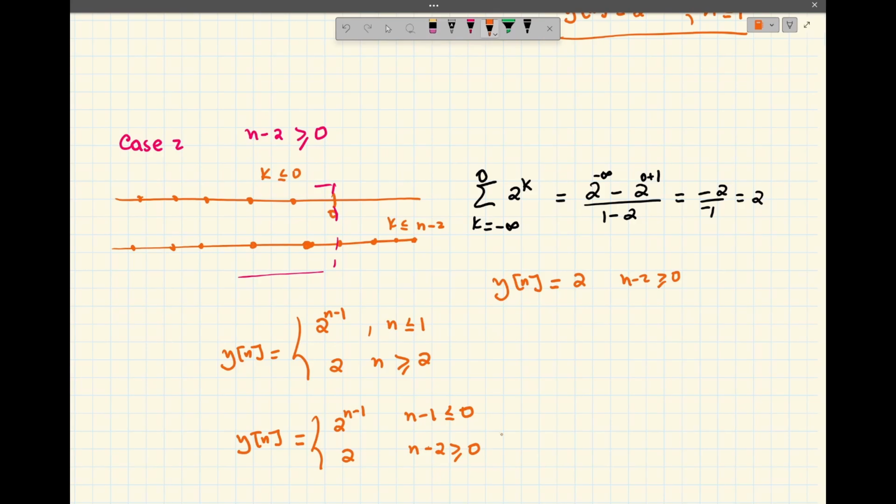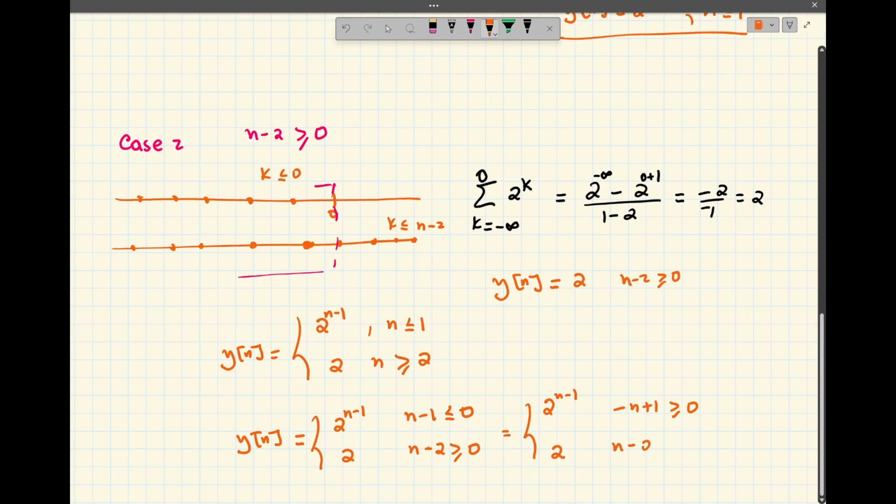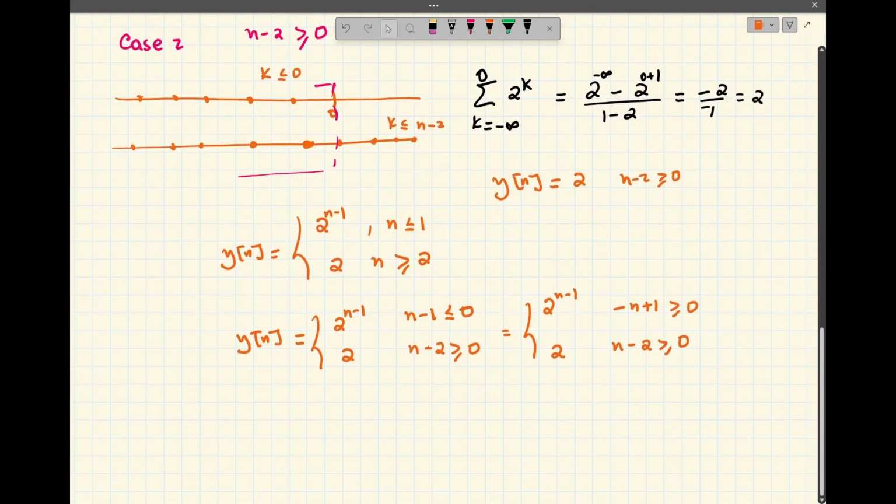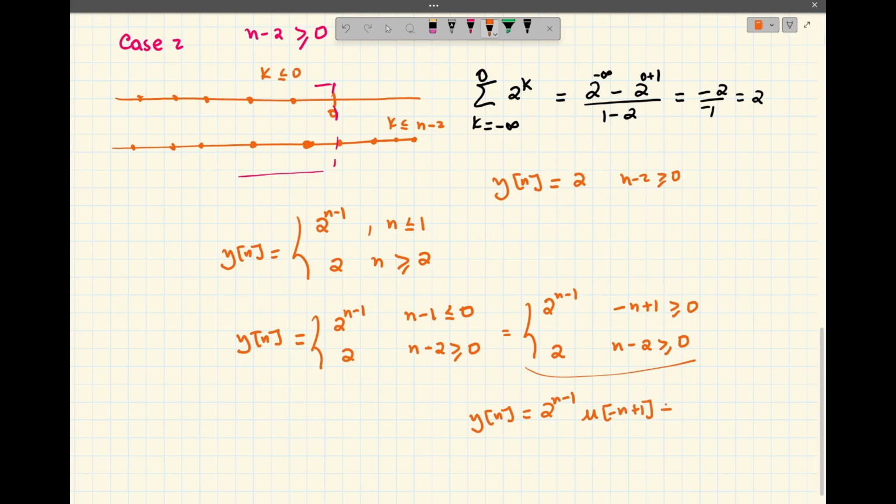So I can write this also as 2 to the n minus 1 when minus n plus 1 is bigger or equal to 0, and then 2 when n minus 2 is bigger or equal to 0. So here I wrote it in this form, so then we can write y of n equal to 2 to the n minus 1 u of negative n plus 1, plus 2 u of n minus 2.